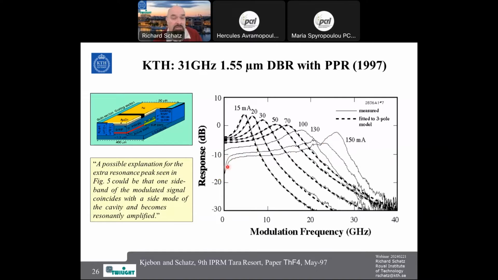This may also occur when you modulate the laser at low frequencies: the modulation efficiency will depend on the impedance of the laser, and the impedance at low frequencies can change due to different effects. Here, however, since it's only seen at high bias, I think it's spontaneous emission in the side mode that is modulated and out of phase with the main mode.